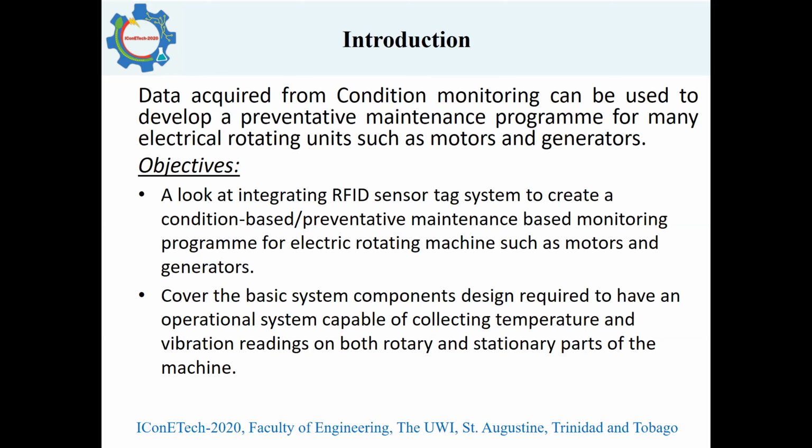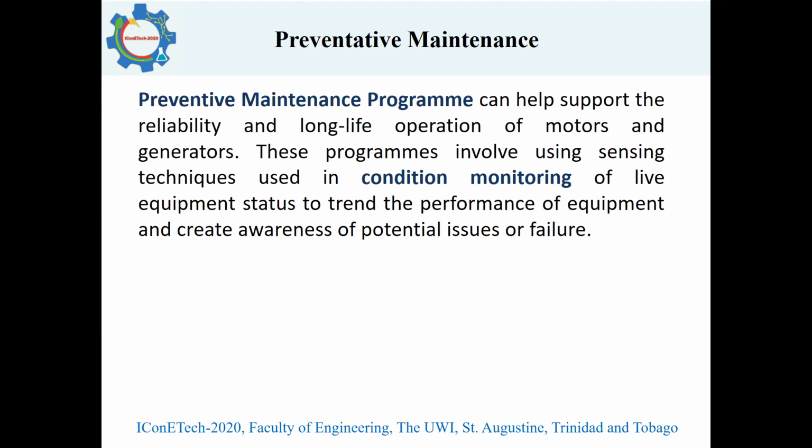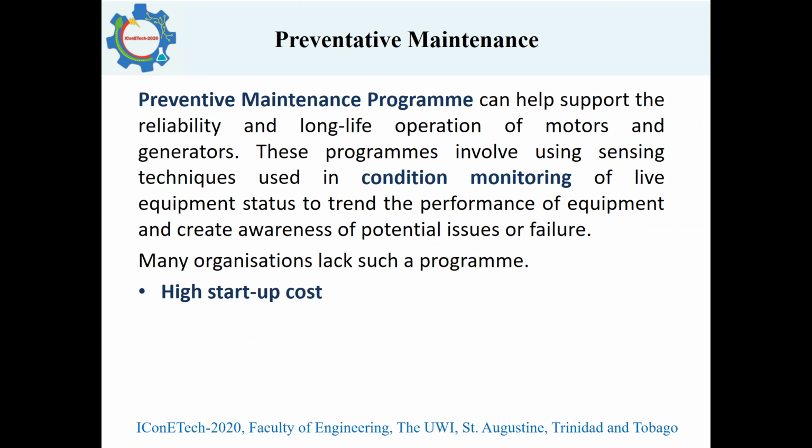Right. So preventative maintenance programs usually help support the reliability and long life operations of motors and generators. As I said before, this involves condition monitoring of your equipment status to trend the performance of the equipment and create awareness of potential issues and failures. However, many organizations lack such a program, especially smaller organizations, because to implement sensing technology on simple things such as a motor or a generator, it's going to cost a lot of money because you're using specialized equipment.